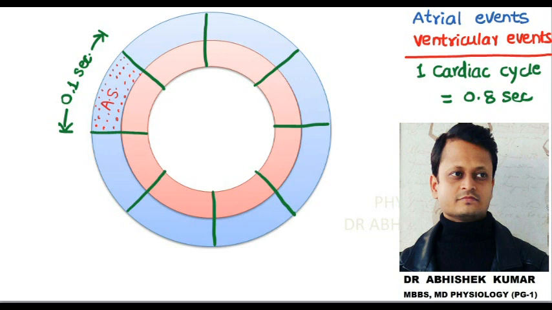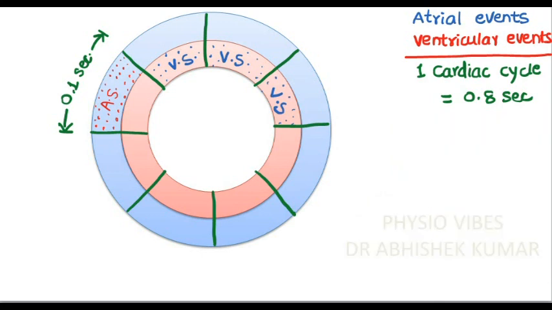Similarly, on the inner circle, this shaded region in blue represents the ventricular systole. We can clearly see that this will be 0.3 seconds. And the remaining region on the inner circle represents the ventricular diastole. So that will be 0.5 seconds.